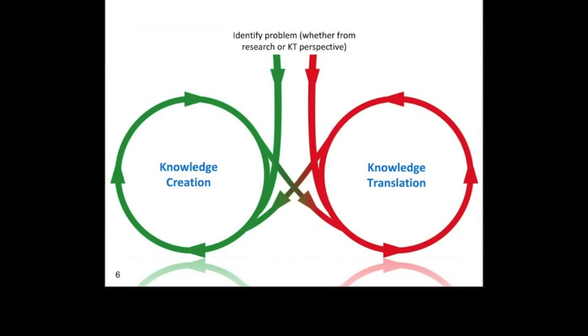I want to call the attention of those that know the cycle that this is not exactly what Dr. Graham published. What he published is one single cycle that circles through knowledge creation and knowledge translation, superposing one activity on top of the other.